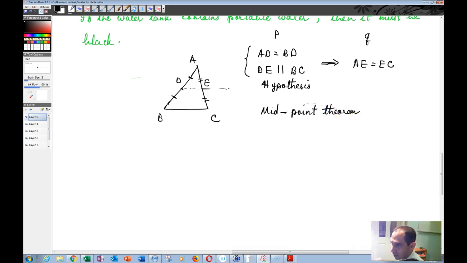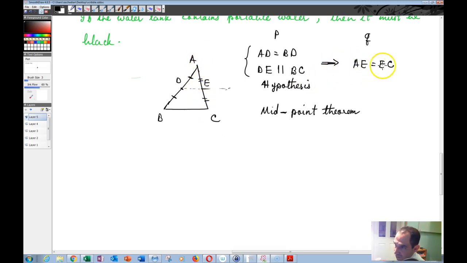Okay, so now sometimes in geometry you have a situation like this where you have these two conditions, and then you prove that, for example, E is the midpoint of AC.